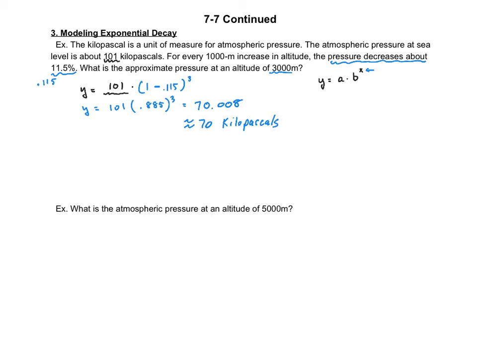And it says, what is the atmospheric pressure at 5,000? Well, the only thing we're changing there is the number of times that it's going to be reoccurring. So it's going to be the same equation except for the number of time your x value is going to change. And so instead of 3 times, it's going to be occurring 5 times.